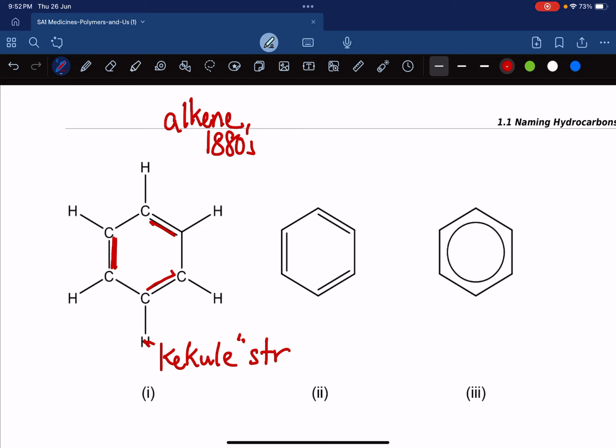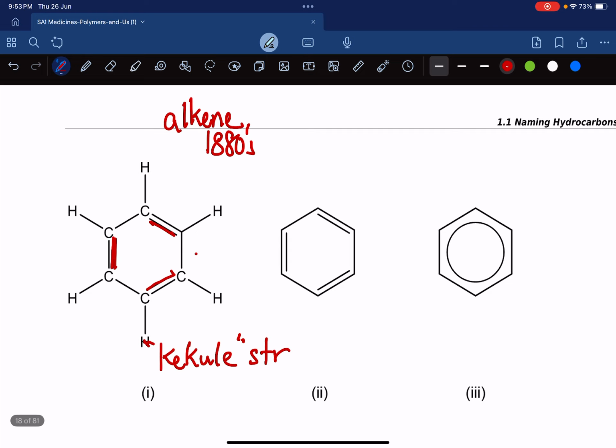When chemists did experiments with it, they knew that there were double bonds, but unfortunately it was not even reactive like alkenes. Alkenes are very, very reactive. Although it has 3 double bonds, they realized it's actually not an alkene. It's a totally new group, and they called it benzene.